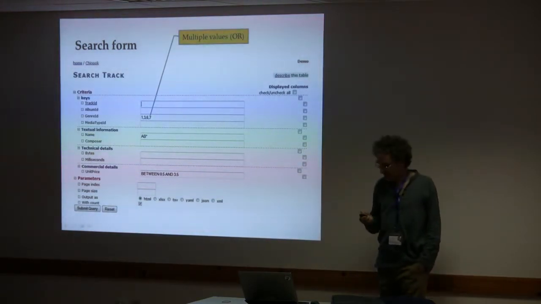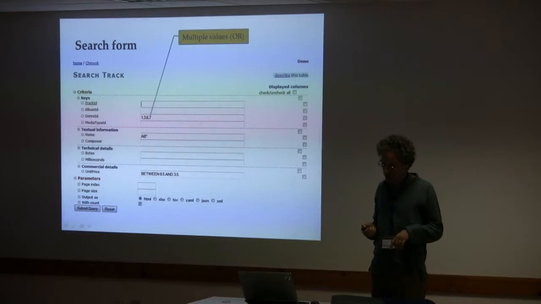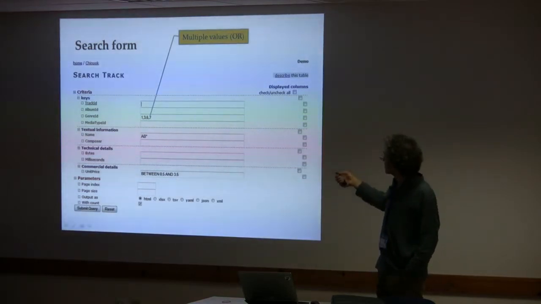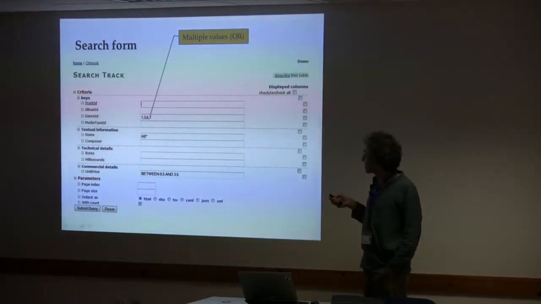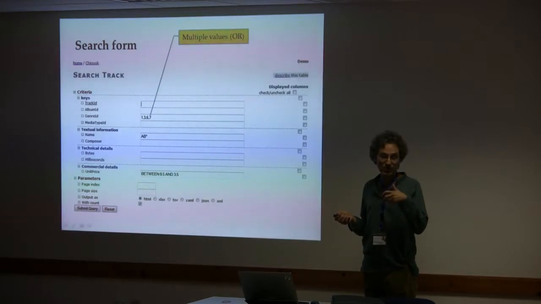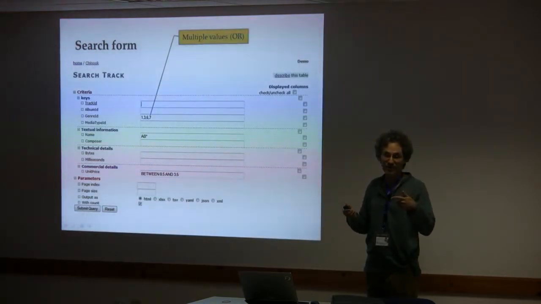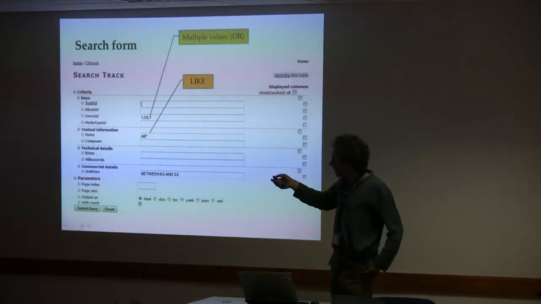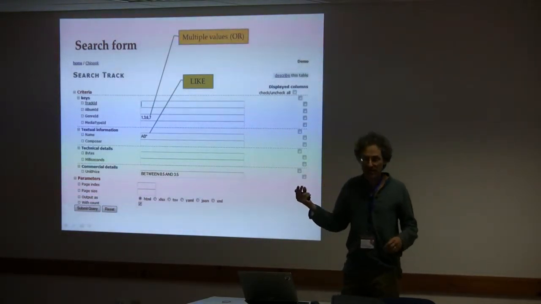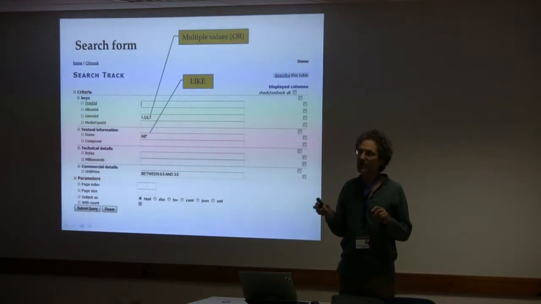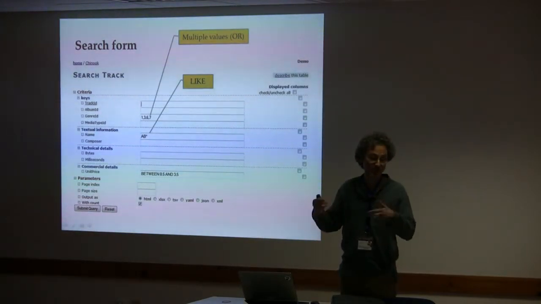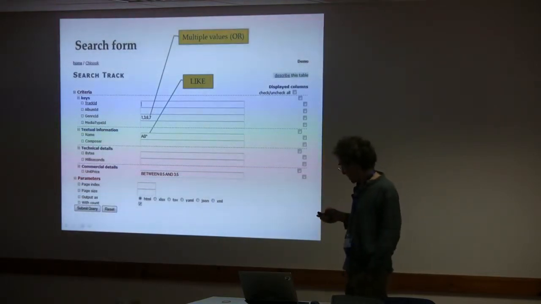When you specify a search, you can either just give a single scalar value, or you can give a list of values, as in this example, and this will become OR in the database request. Or you can have a value with a star, and then the system will guess, okay, there is a star, so probably the user here wants a like operator, and the parser will detect that automatically.